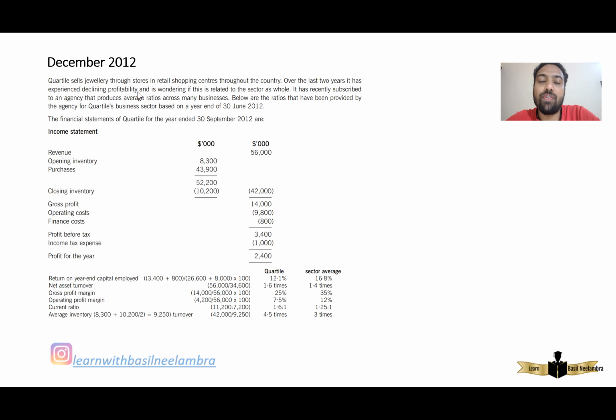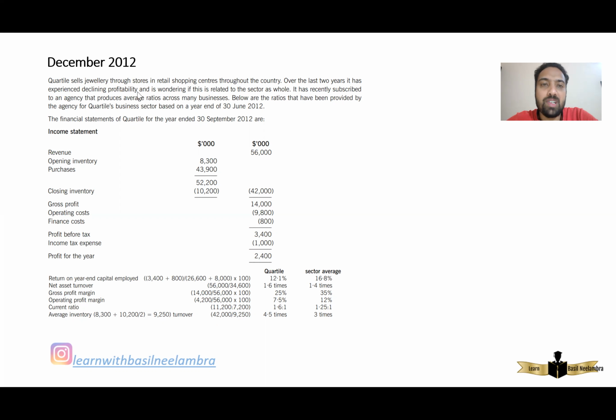For calculation you will be getting only 5 or 6 marks. For each ratio, you will get 1 mark. So if they are asking you 5 ratios, you'll be hardly getting 5 marks. And when you calculate ratios, you just normally calculate and show the calculation, what is there in your numerator and what is there in the denominator.